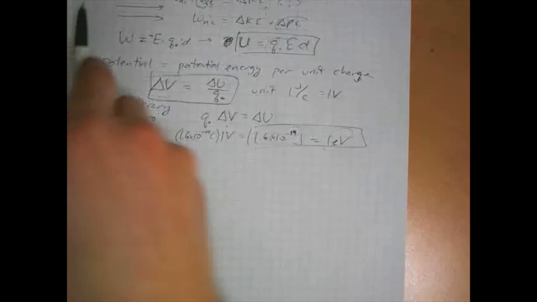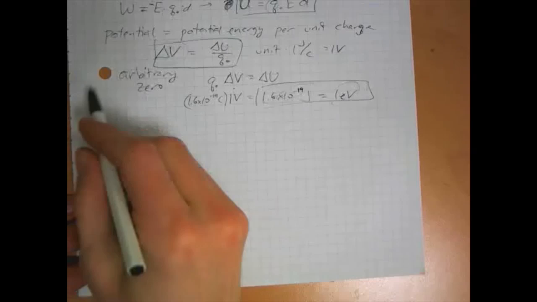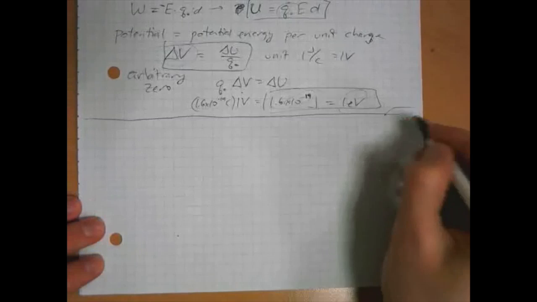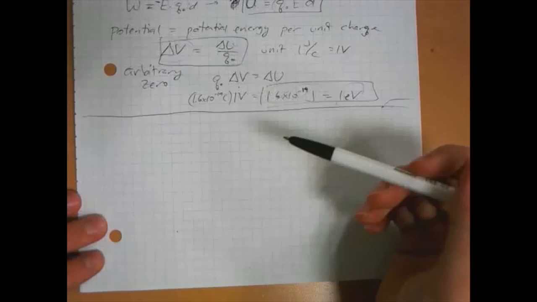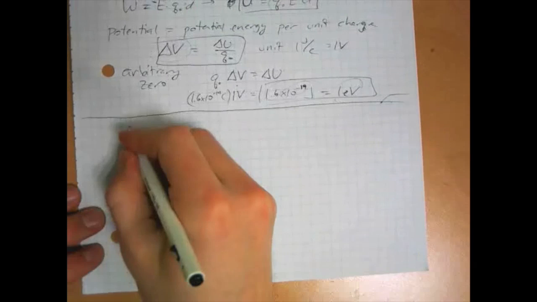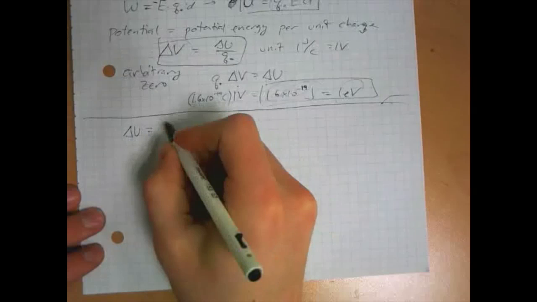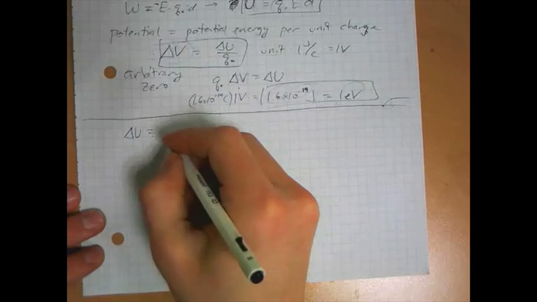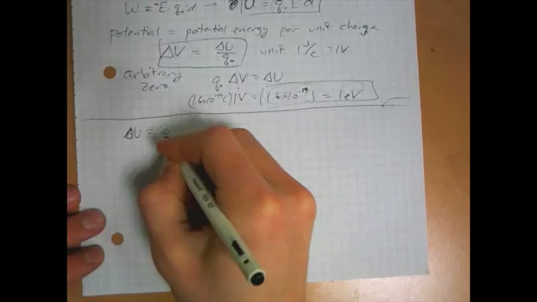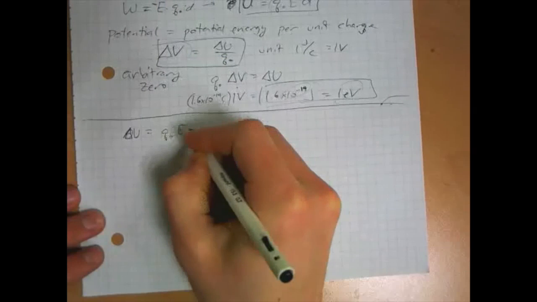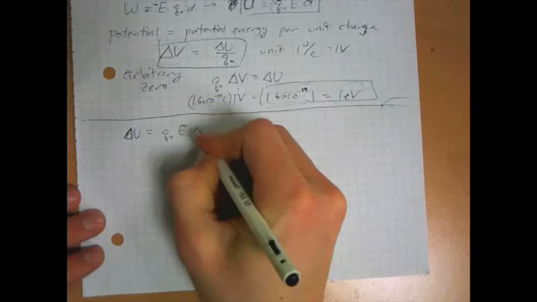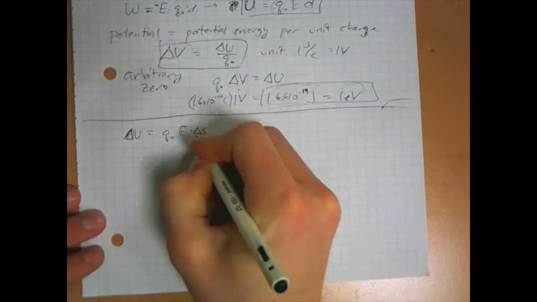The definition of potential and potential energy actually gives us another way to think about the electric field. We know that our delta U, our change in potential energy, is Q naught E times the distance. It's actually a displacement, which is often referred to as delta S as a vector. So this is basically just the same thing as distance.